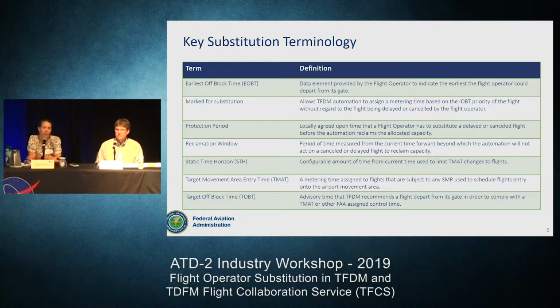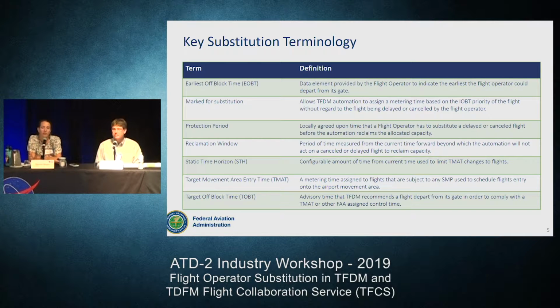The TFDM system is going to attempt to reclaim, hence the name, these metering times during the reclamation window. So if you're outside that reclamation window for a single flight, TFDM is not going to try to take back that time immediately. If you are, that's where the protection period comes in. The protection period is essentially the time that TFDM will allow you, the user, to make a decision about substituting a flight before it will attempt to reclaim that slot.